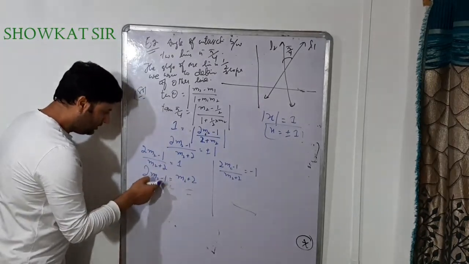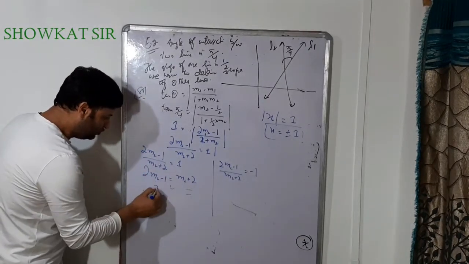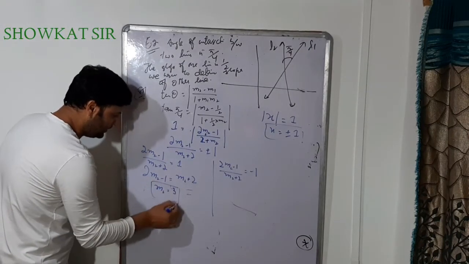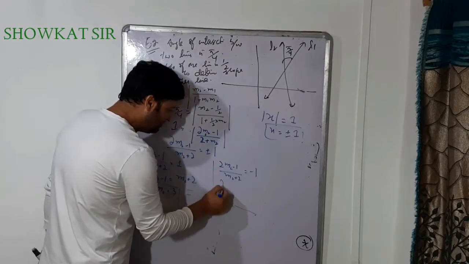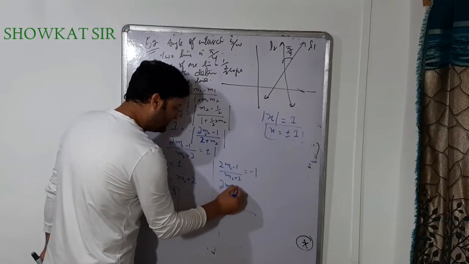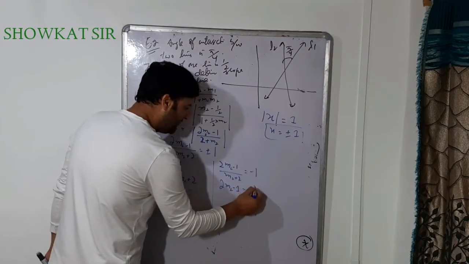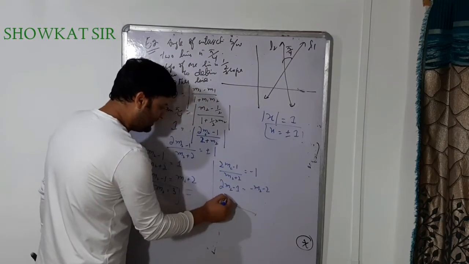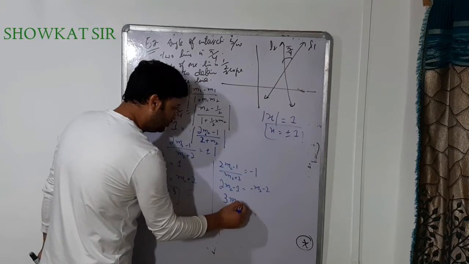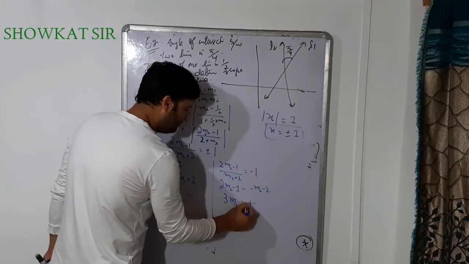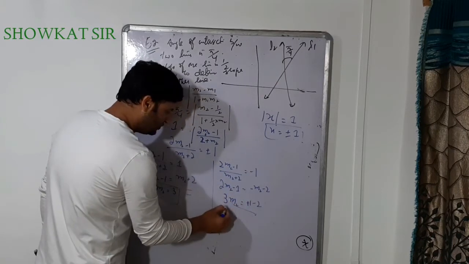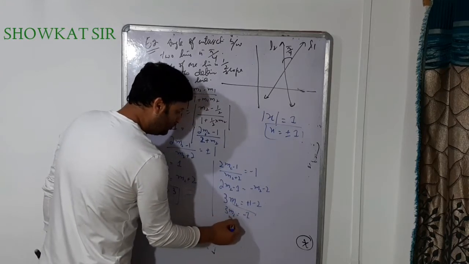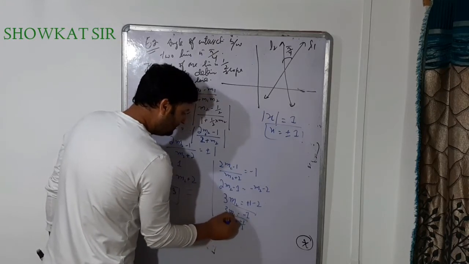Now 2m2 minus m2, it is m2 equal to 1 plus 2, which is 3. यहां पे इसी तरह ये बन जाएगा 2m2 minus 1 is equal to minus m2 minus 2. नाउ इसको यहां पे लाएंगे, ये बन जाएगा 3 times m2 is equal to minus 1. So m2 is equal to minus 1 by 3.